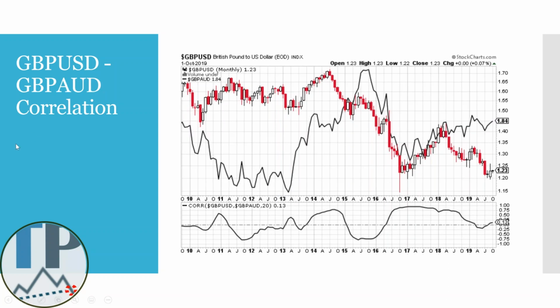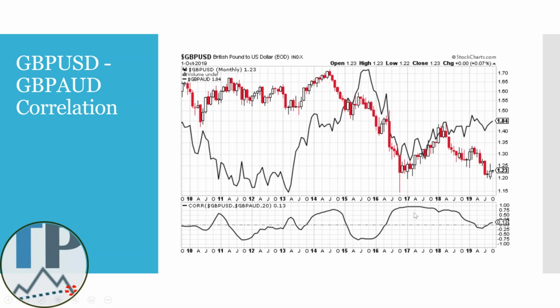Okay, so I think this is one of our last slides here on correlations. I'm just going to have to go through our material here a little faster. Please bear with me. The pound US, pound Aussie, I'd have to say can be tricky to trade just due to the fact that this correlation history, you can see, is all over the place.